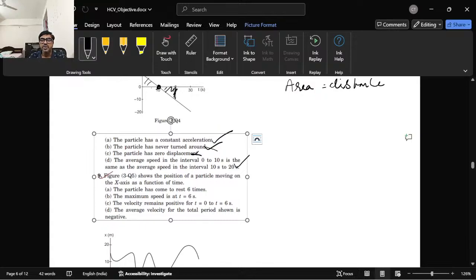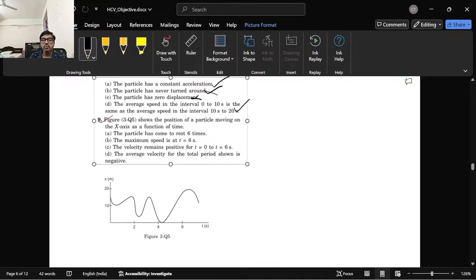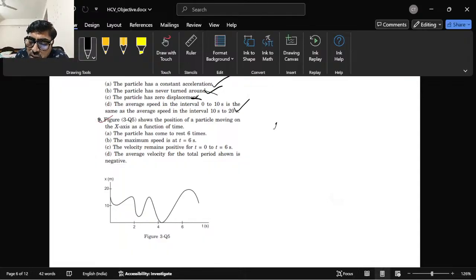Okay, next question. Figure shows the position of a particle moving on the x-axis as a function of time. Okay, very good. The particle has come to rest 6 times. So rest meaning, how do you say? Rest meaning what is the condition? Mathematical condition. Rest meaning velocity has to be 0. But they gave the xt graph. So when will velocity be 0? dx by dt has to be 0, right? dx by dt 0 meaning what?